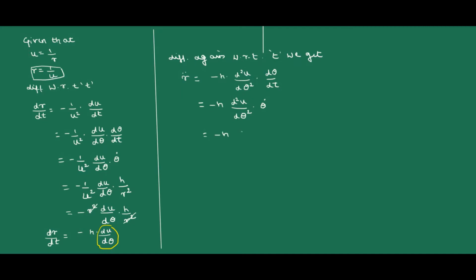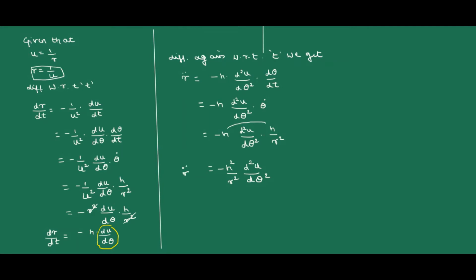Theta dot is equal to h divided by r square. So h into h is h square. So in total we can write it as minus h square divided by r square into d square u divided by d theta square, which is the value for r double dot.